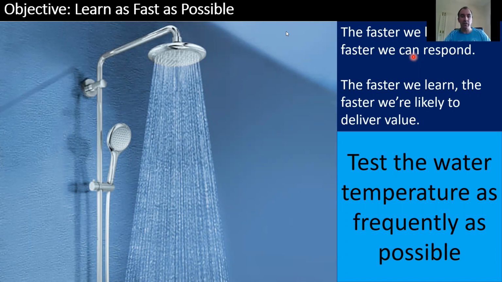And obviously we don't do that. We're going to test the water, adjust and get the temperature just right. And that's really what we're trying to do with this incremental hypothesis-based experimental approach: we want to be able to test the water as frequently as possible. The faster and quicker we can test the water and respond, the faster and quicker we're going to get the temperature just right.